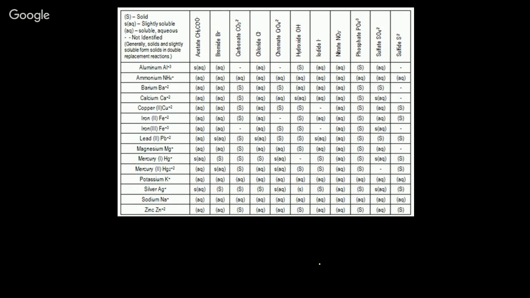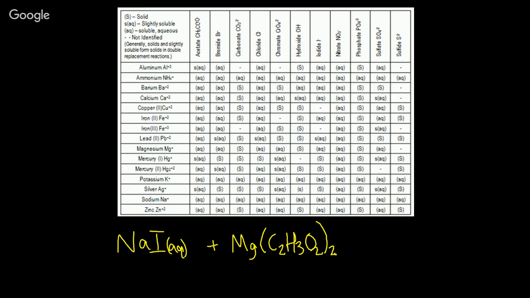This now will be an example where this doesn't work. Let's say we have sodium iodide, aqueous, which we just said anything with sodium is going to be aqueous anyway. And to this we add magnesium acetate. And we want to know, does the reaction work here?